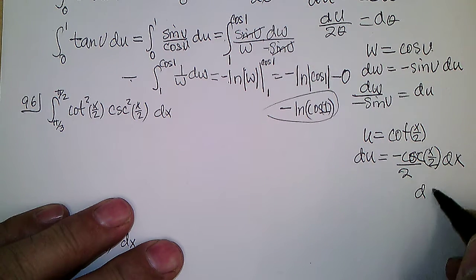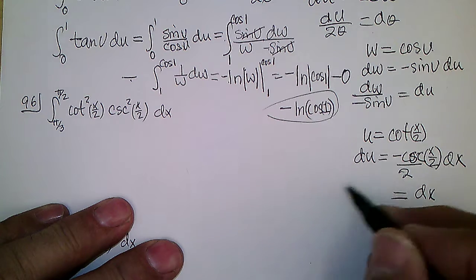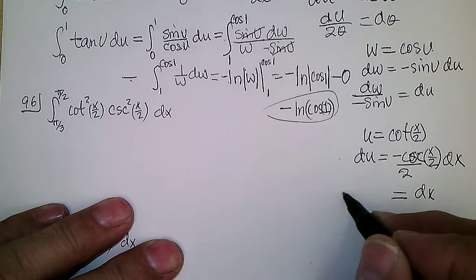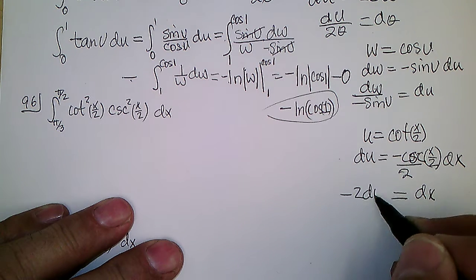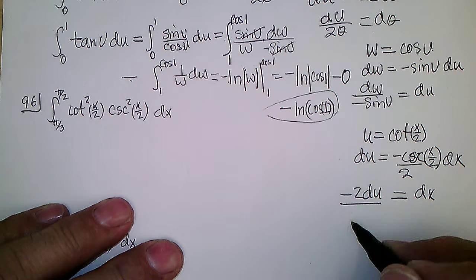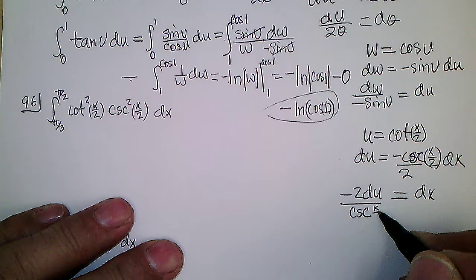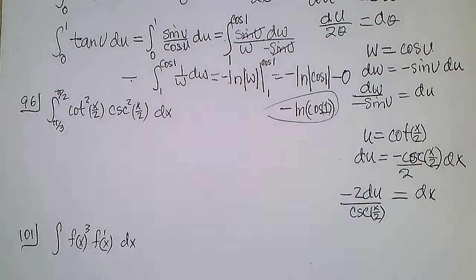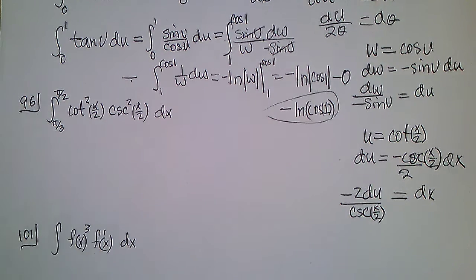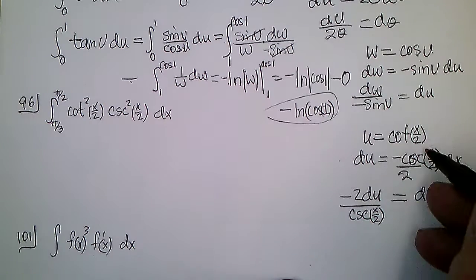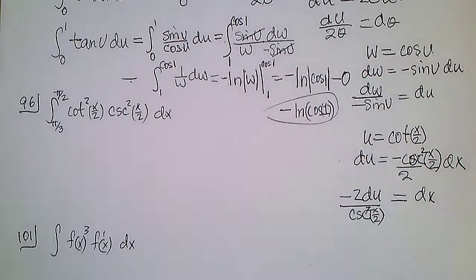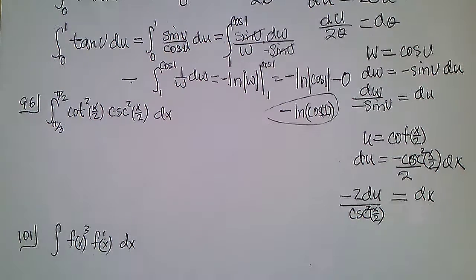So dx would be replaced with negative 2 du over cosecant of x over 2. Oh, excuse me. The derivative of cotangent is cosecant squared, so it would be cosecant squared, which is what I wanted it to be because I wanted to cancel it.